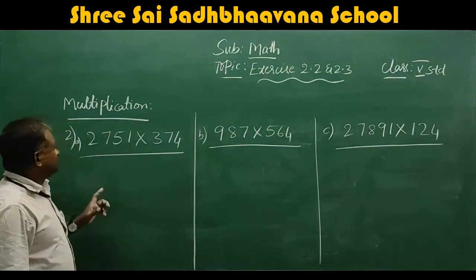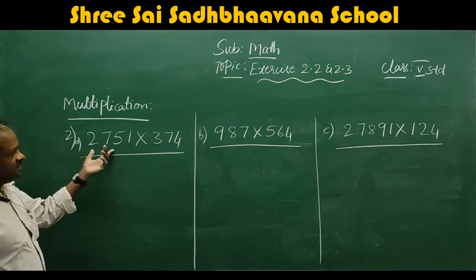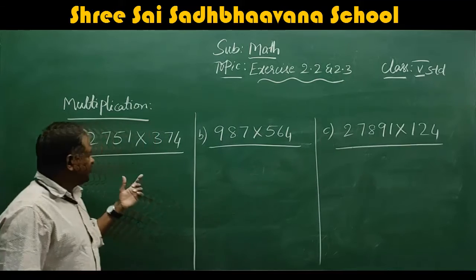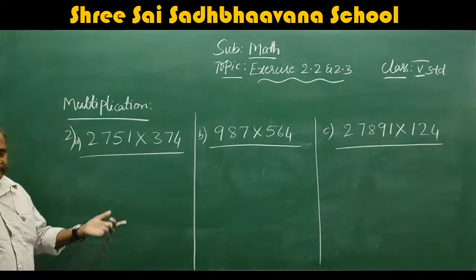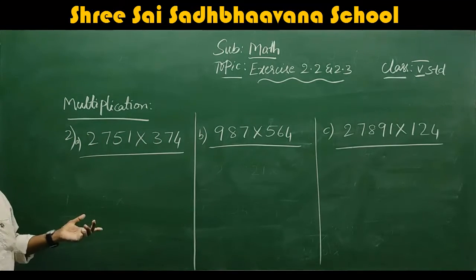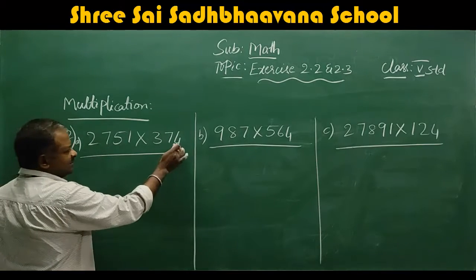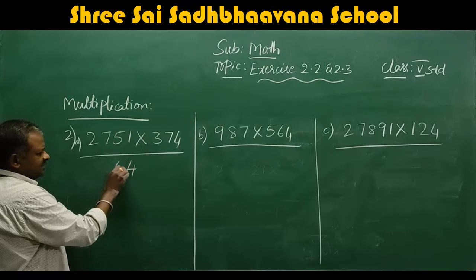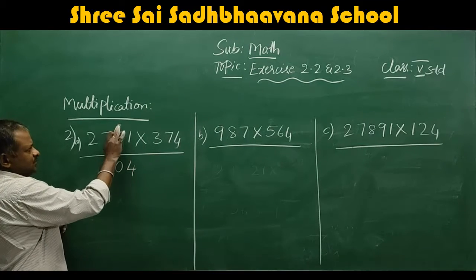Now second main, same multiplication. Here they have given to multiply a 4-digit number and a 5-digit number by a 3-digit number. So first we have to multiply this by 4. 4 ones are 4. 4 fives are 20, carry 2.